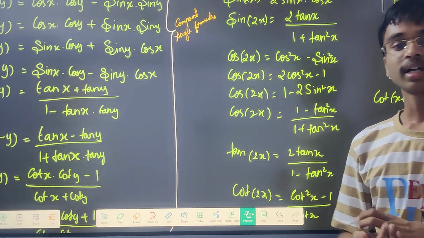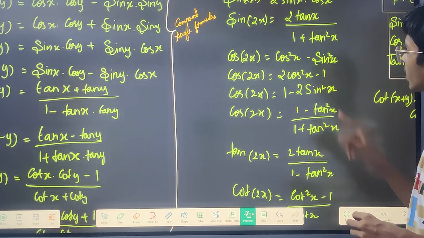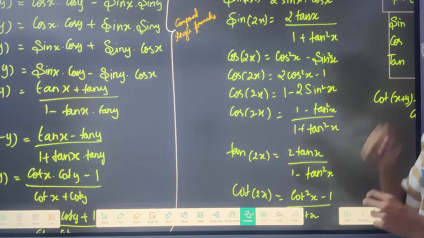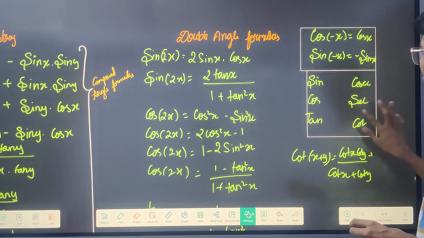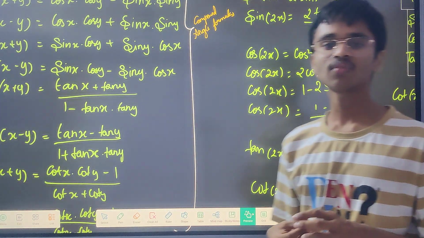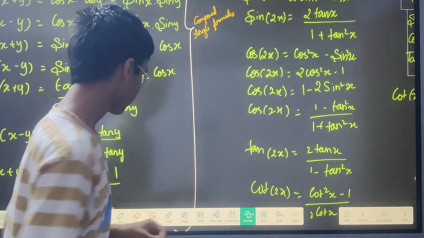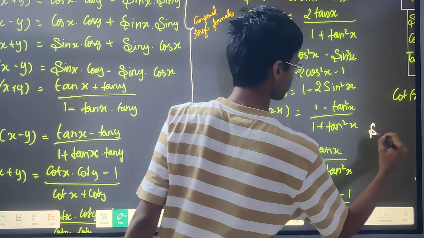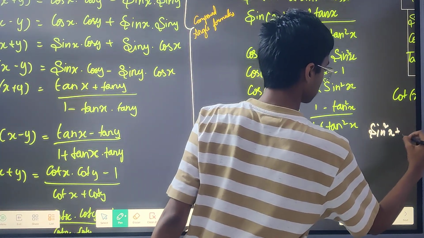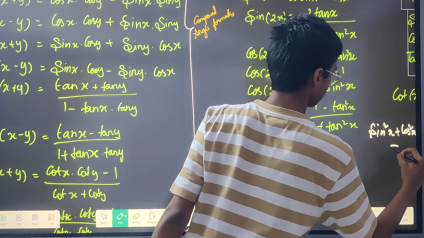Next, in this place you can substitute sin square x. In 10th standard we have seen one formula: sin square x plus cos square x is equal to 1.